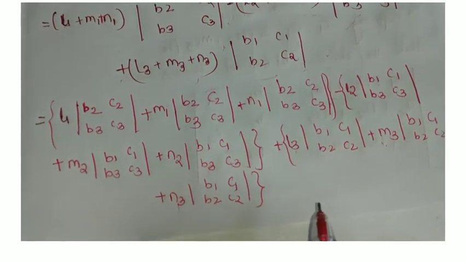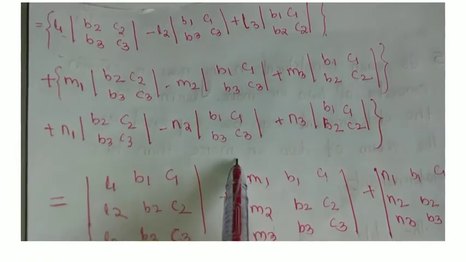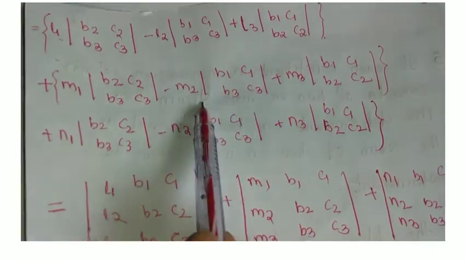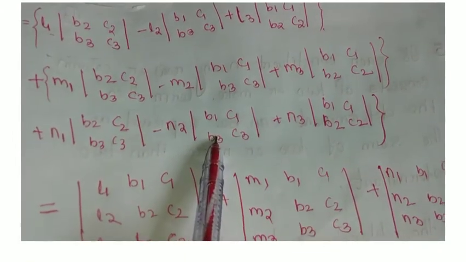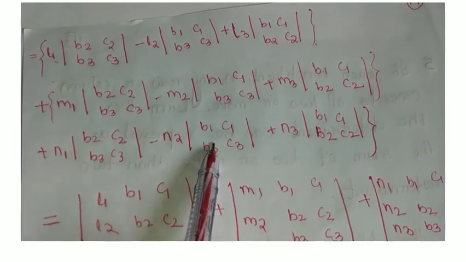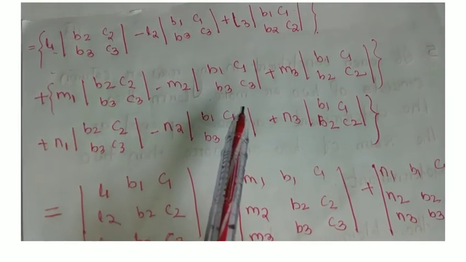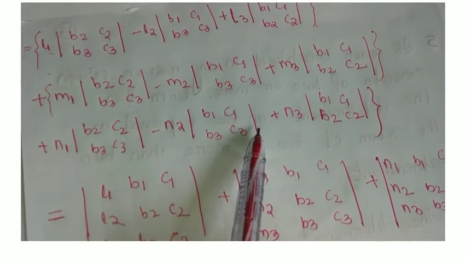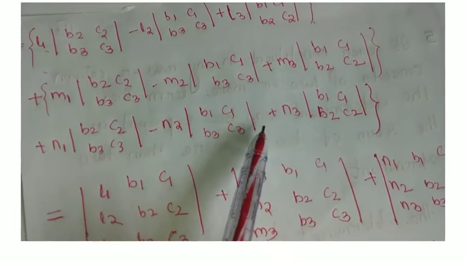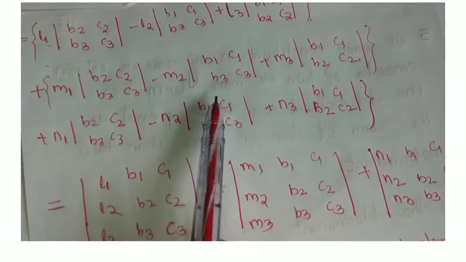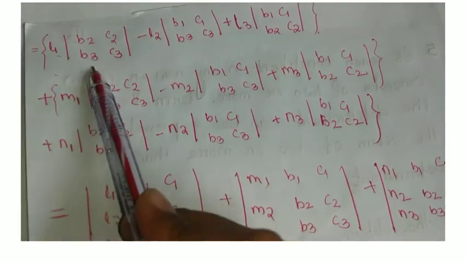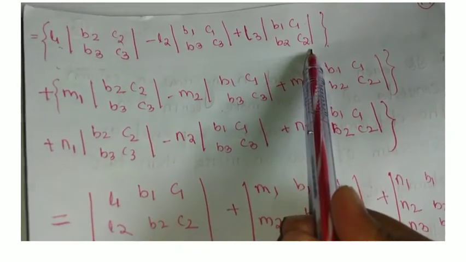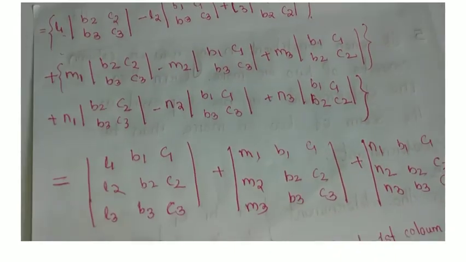Then this value became this. If you don't understand, then pause the video or solve it yourself while watching this video, then you will understand. Then in this value we write this determinant.